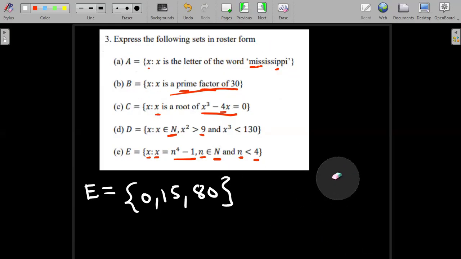Okay, so now let's do the next. Okay, you can ask your question, please. You can unmute your mic, then ask where you are not clear.